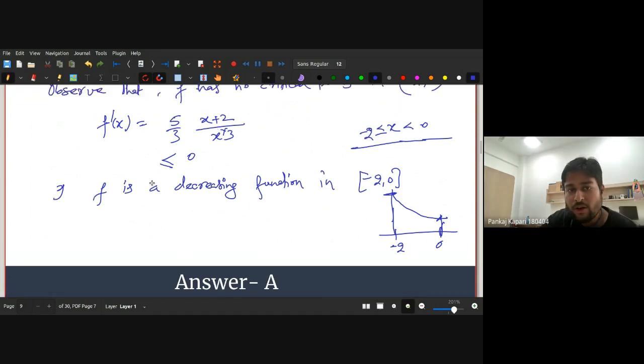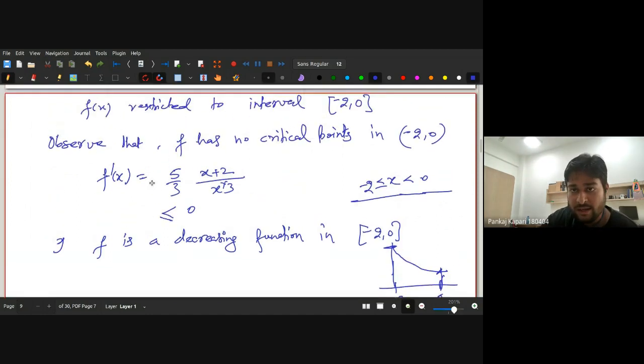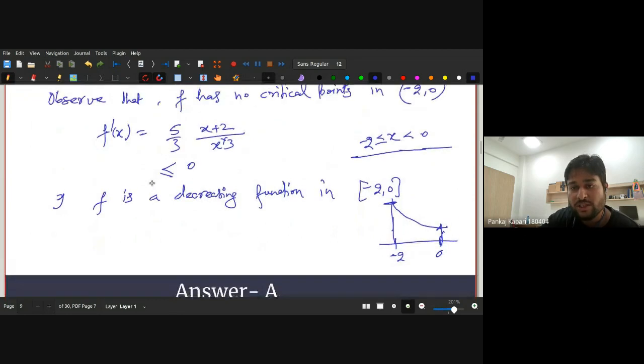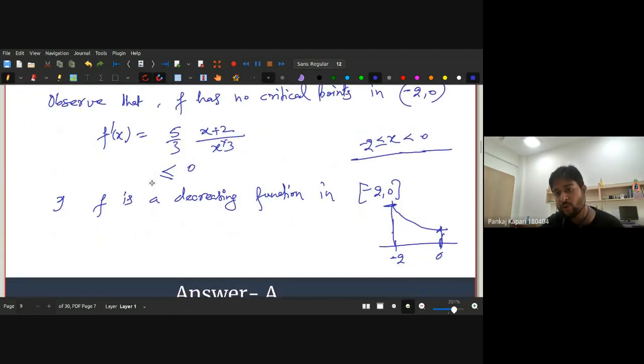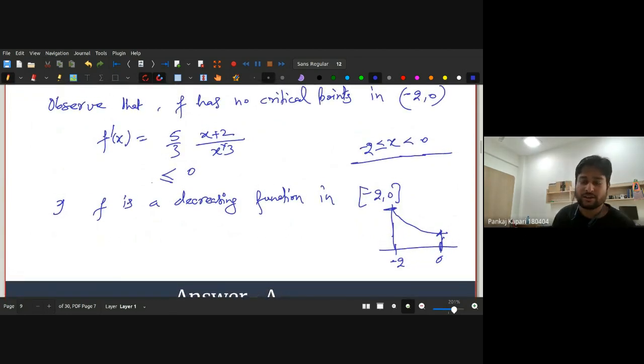We can also see that from the fact that inside the open interval there are no critical points. Only the endpoints are critical points, and they are points of local maxima and minima. So in this particular restricted interval, these points are also absolute maxima and minima.